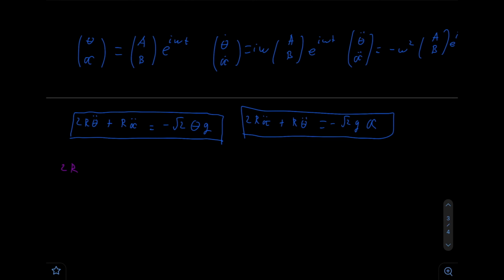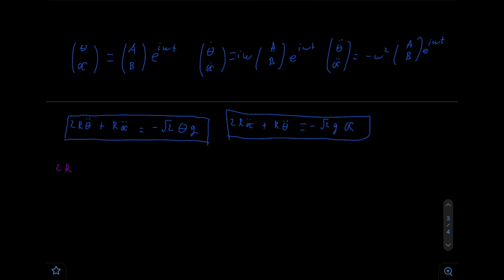So 2r theta double dot, that's minus omega squared A e to the i omega t, plus r times alpha double dot, which is negative omega squared B e to the i omega t. This equals negative root 2 theta, which is A e to the i omega t times g.